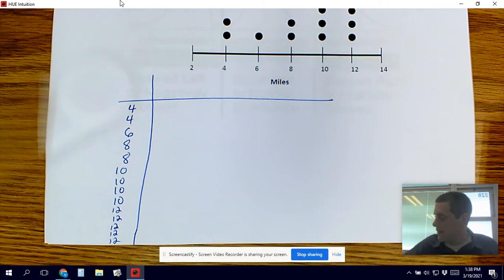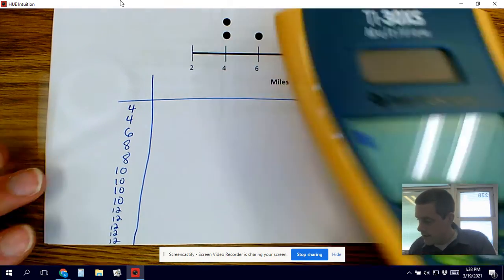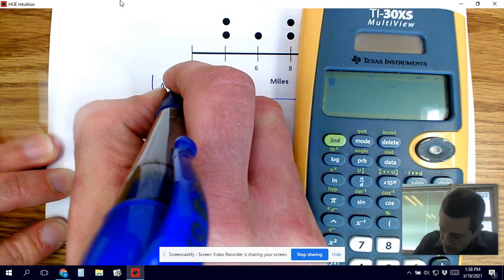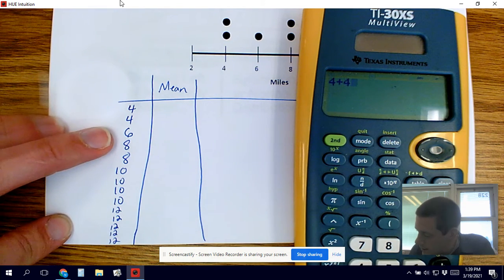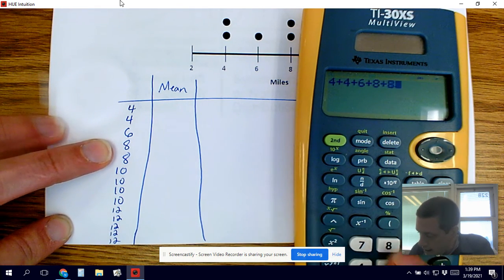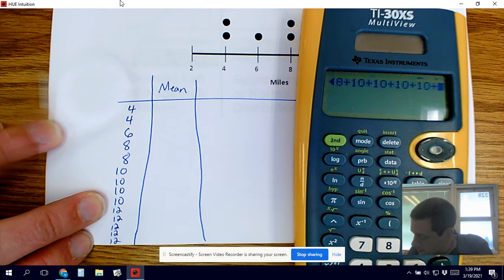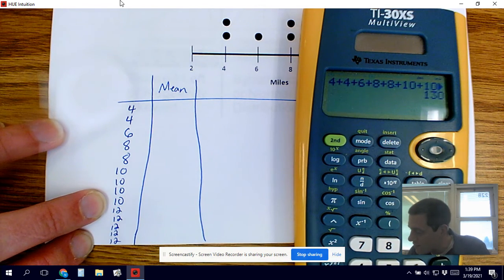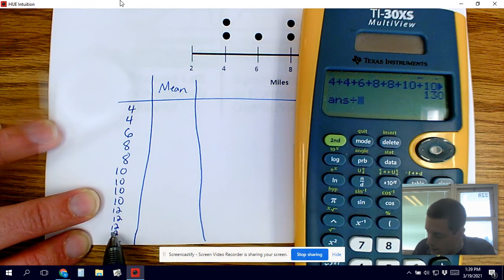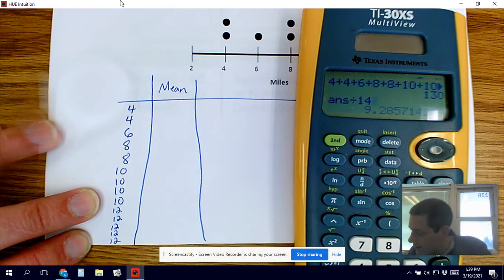All right, so let's calculate the mean of these numbers. So summing the digits, 4 plus 4 plus 6 plus 8 plus 8 plus 10, 10, 10, 10 plus 12, 12, 12, 12, 1, 2, 3, 4, and 5 12s gives me a sum of 130 divided by 1, 2, 3, 4, 5, 6, 7, 8, 9, 10, 11, 12, 13, 14 in the set.